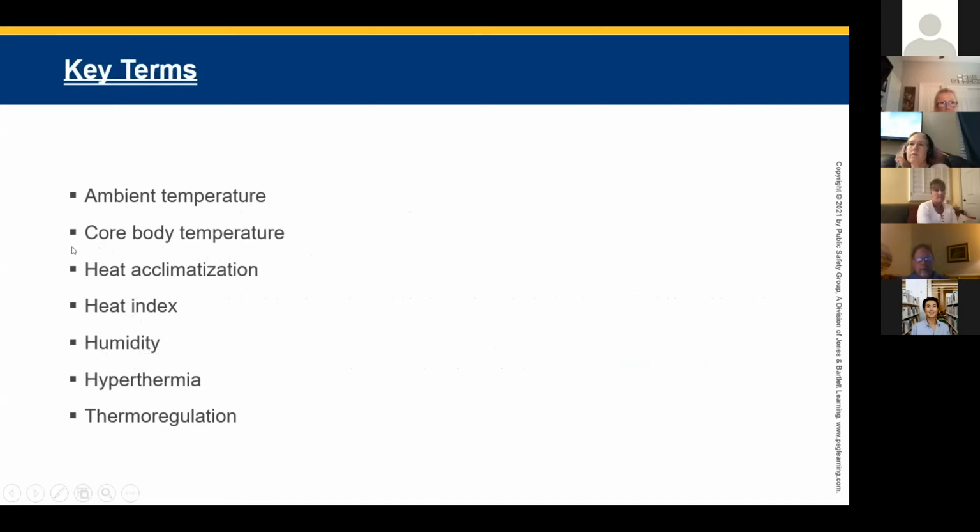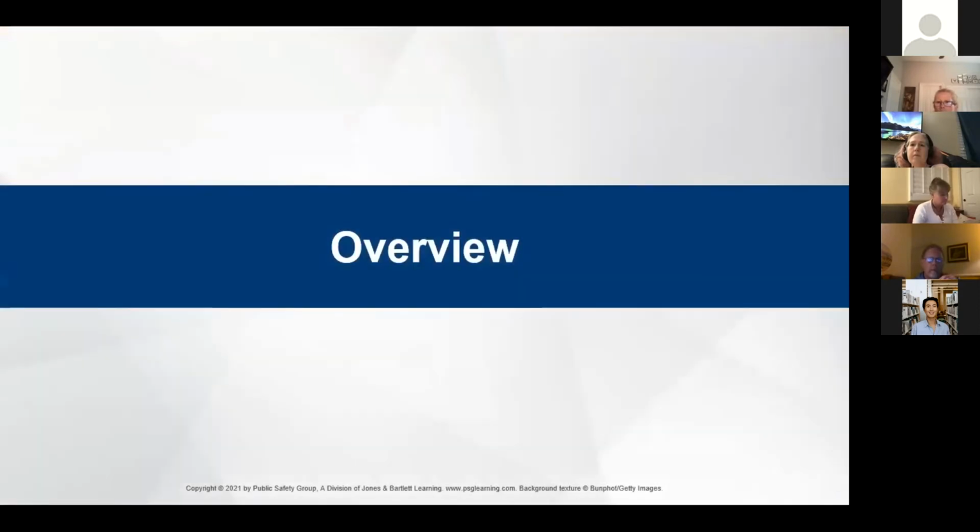Ambient temperature, core temperature, heat acclimation, heat index, humidity, hypothermia, and thermoregulation. Does everyone know what thermoregulation means? Your body regulating the temperature. Right, so it's normal.